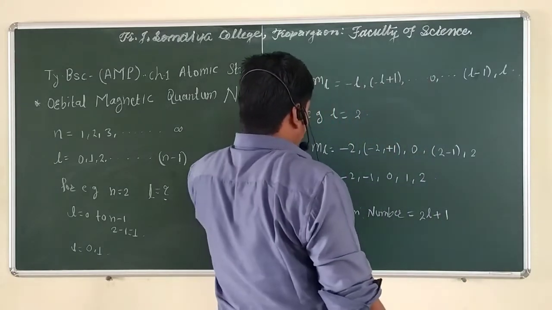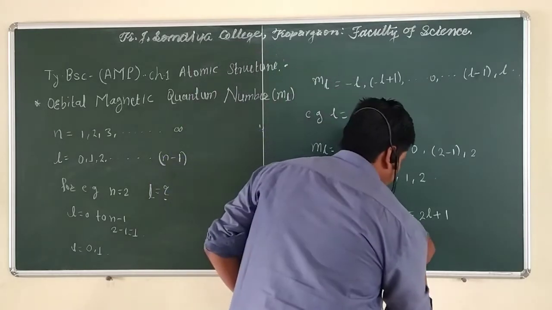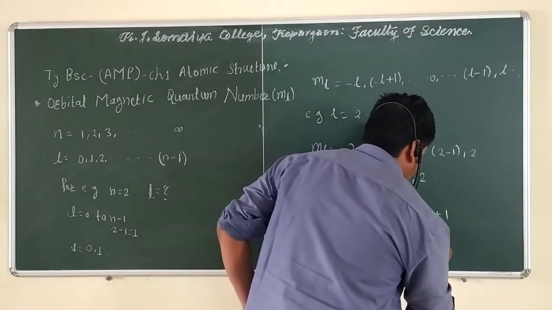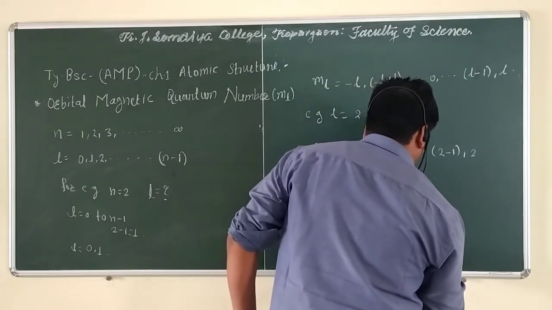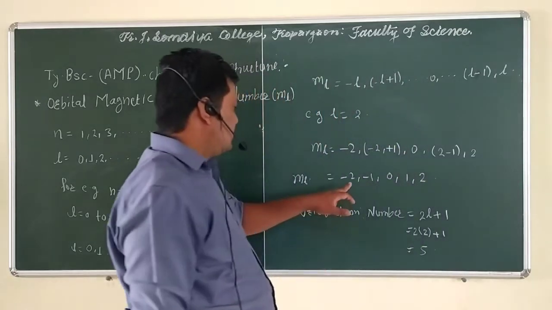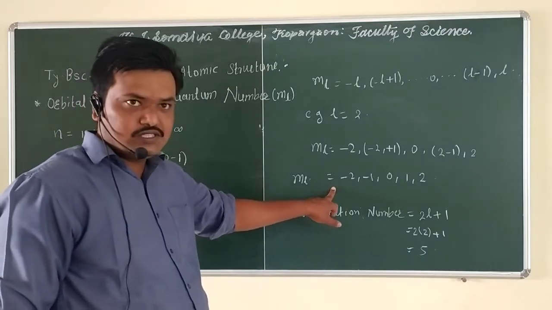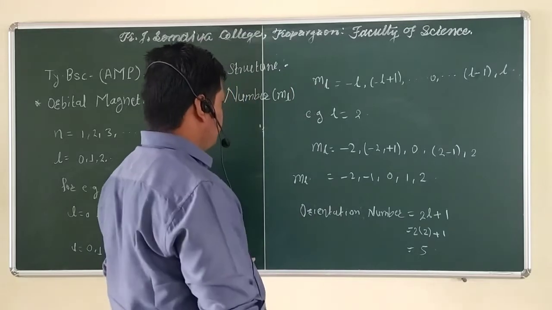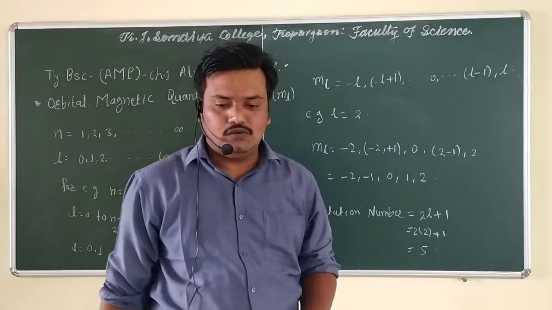So for example, if you want to calculate how many ml values there are, here L is 2, so 2 into 2 is 4 plus 1, that is equal to 5. So there are a total of 5 orientations of ml value. That is the basic idea about this, so we want to calculate the ml value.